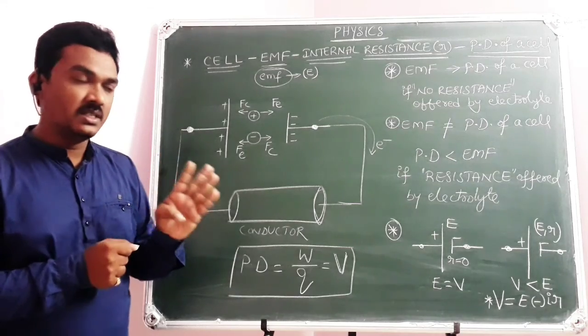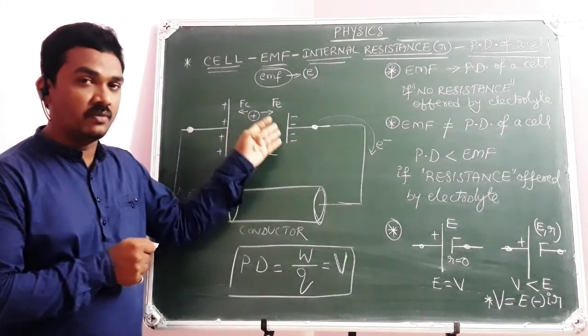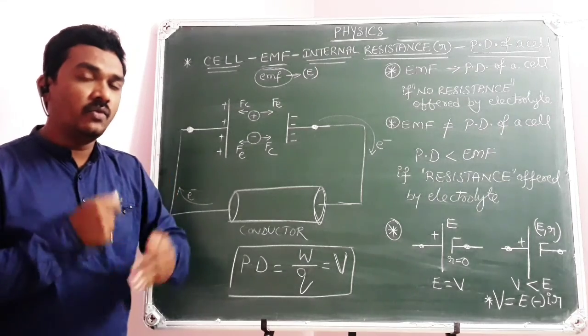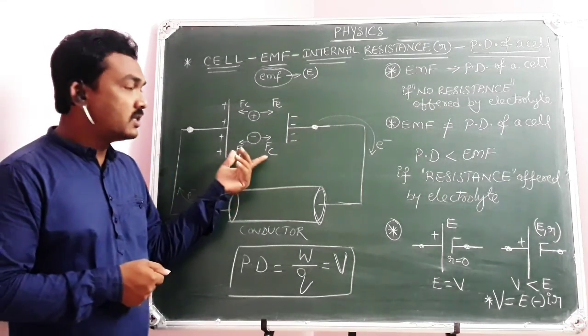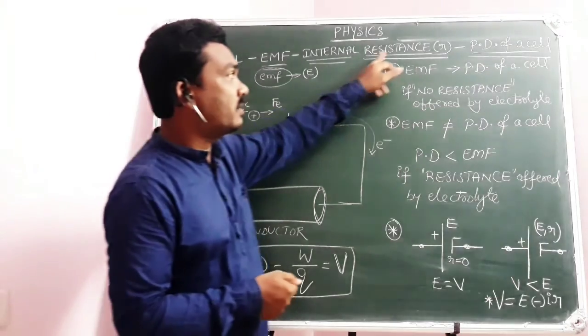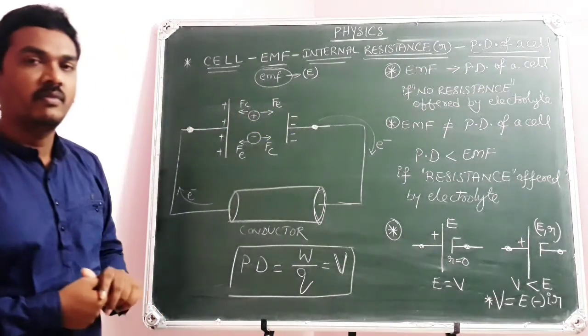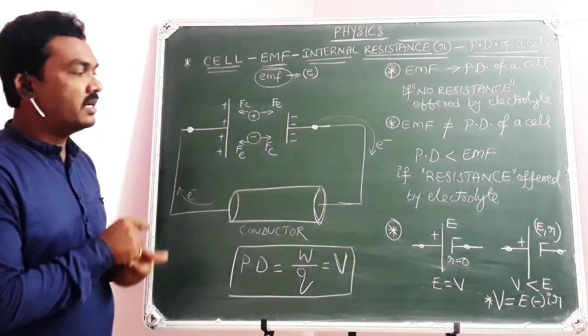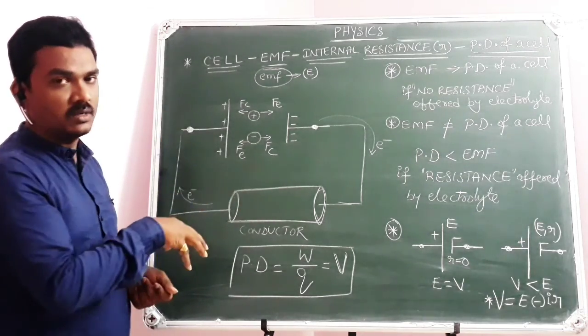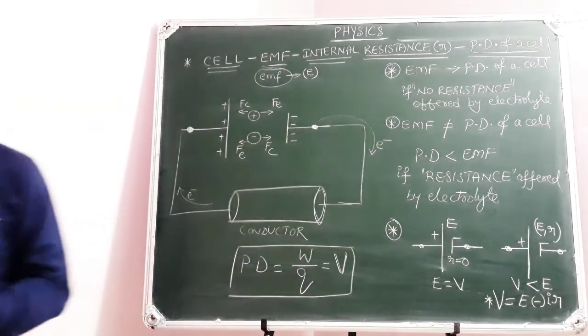And the fourth point is surface area of the plates of the cell. These are the 4 points that can influence the internal resistance offered by a cell, and it is represented by the letter small r. Fine. Hope you have got clarity, and let me go with a little more mathematics connecting all these terms. Please note down.